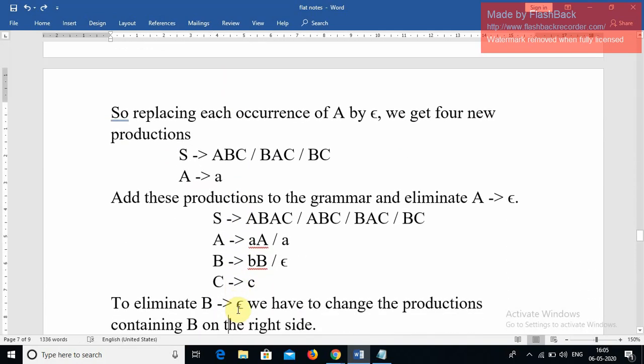Next we have another null production, right? So next one is the B to epsilon. Okay, so this is the grammar after removing the A to epsilon null production.